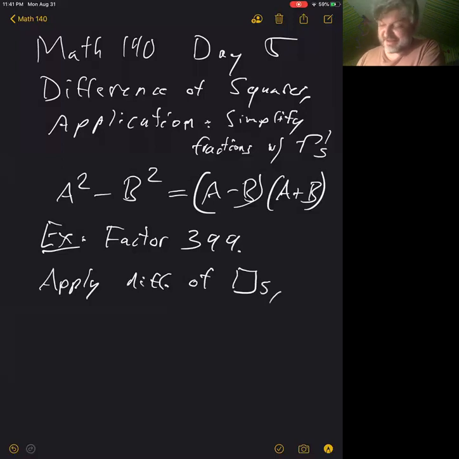And we can apply it because with an eagle eye, you can spot that 399 is 400 minus 1, and that is 20 squared minus 1 squared.